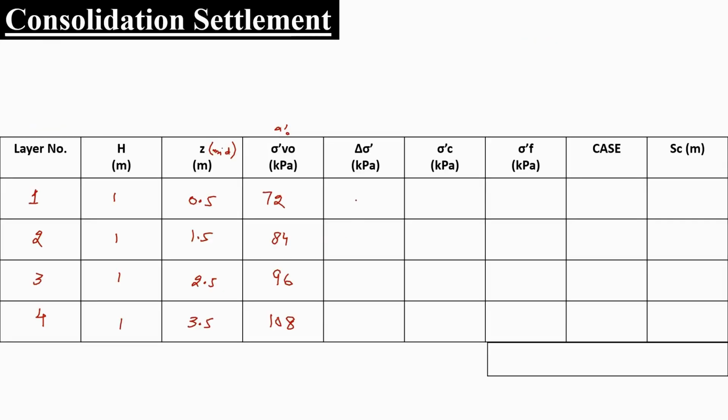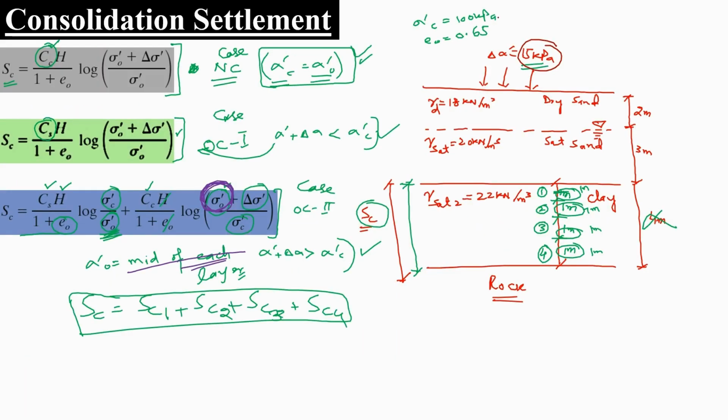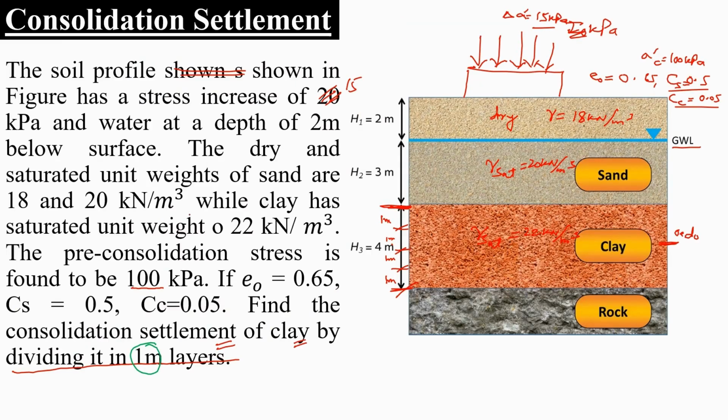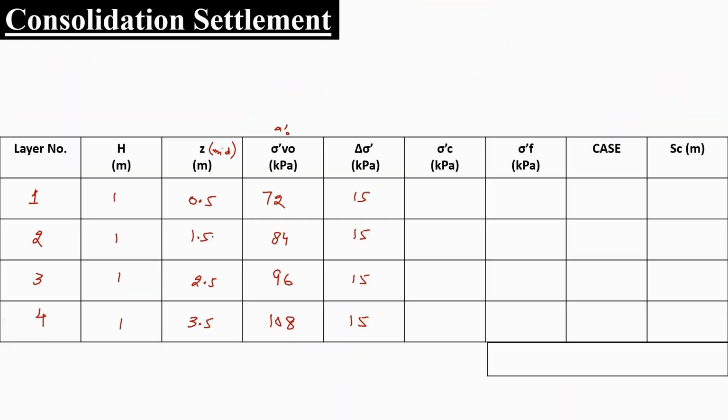Just put its value in the table as 15, because this is constant for whole clay layer or whole profile of the soil. What is sigma prime C? The value of sigma prime C is given to be 100 kilopascal. This is pre-consolidation stress. So put it as 100.